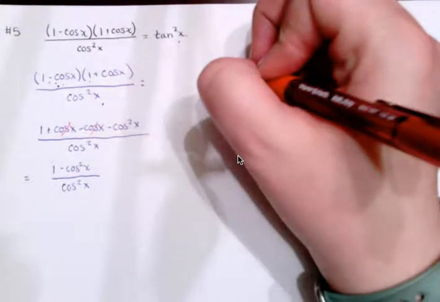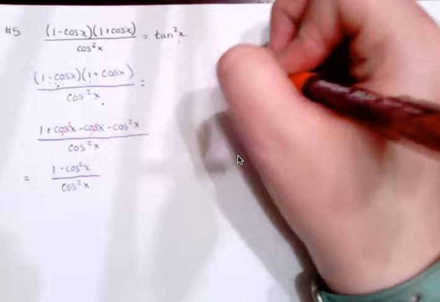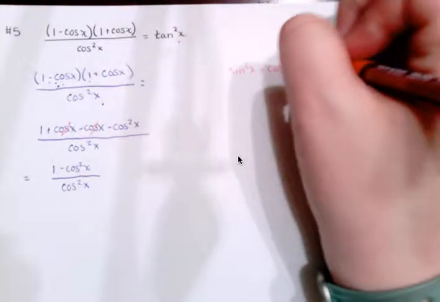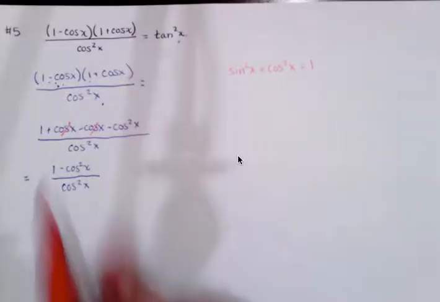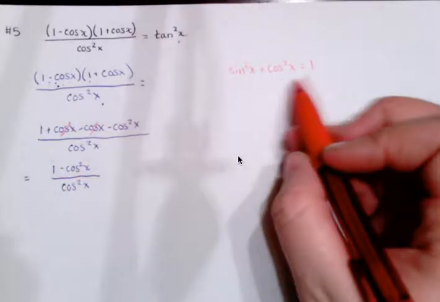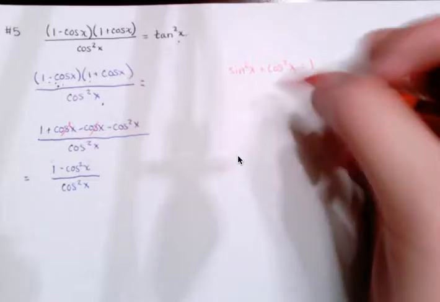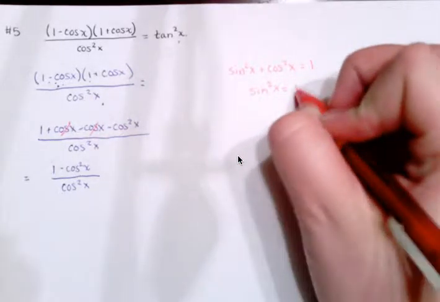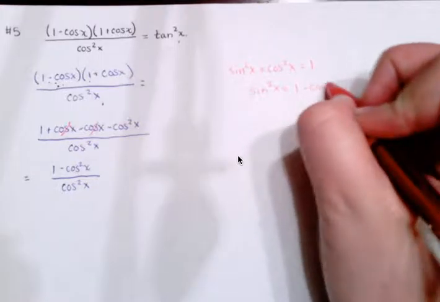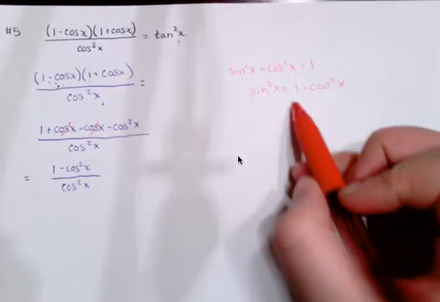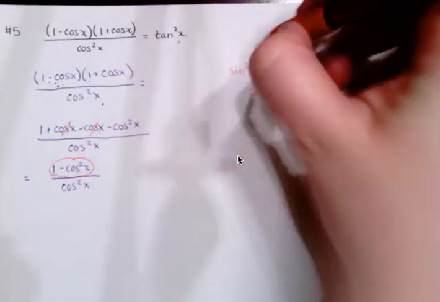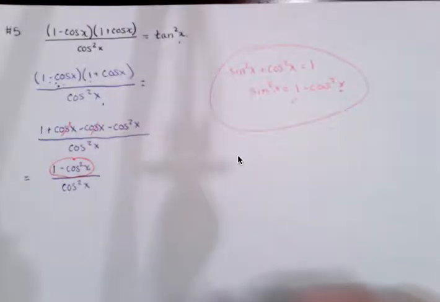So the one you need to know for this is sine squared of x plus cosine squared of x equals 1. If I rewrite this, I can rewrite it as sine squared of x equals 1, subtract that cosine over, so minus cosine squared of x. So I know 1 minus cosine squared of x, from when I rewrote it, is equal to sine squared.